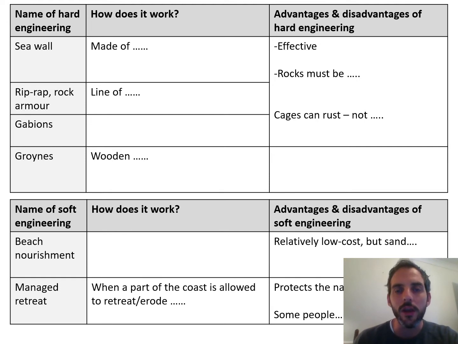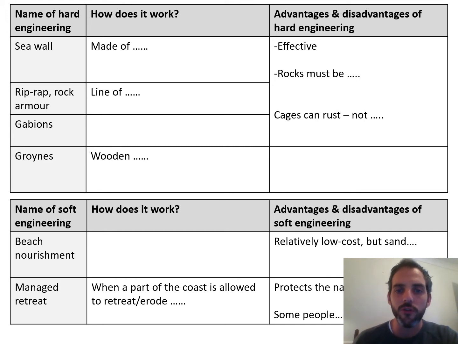Environmentalists are not particularly keen on hard engineering because it's not natural, it's man-made. On the other hand, soft engineering often involves working with natural processes, not trying to stop them completely.